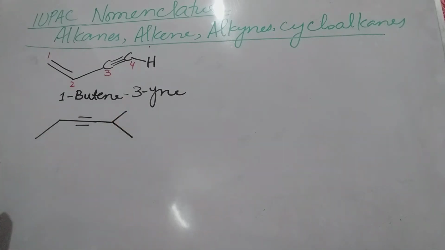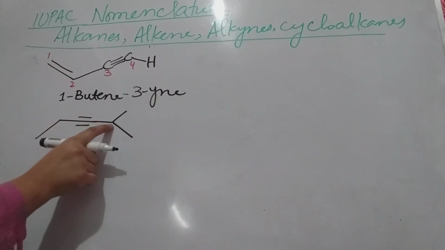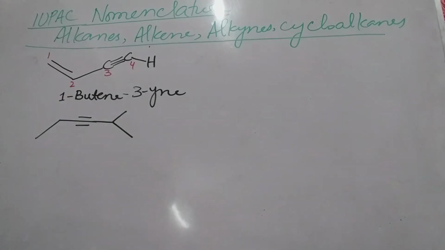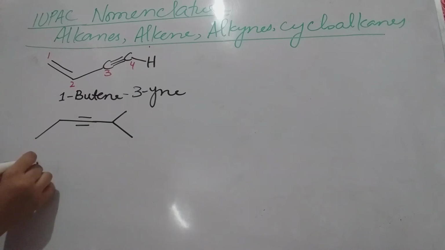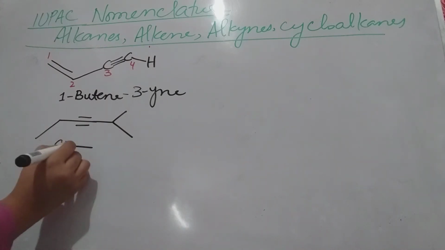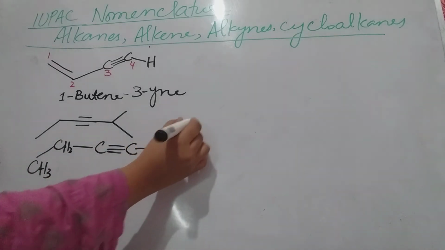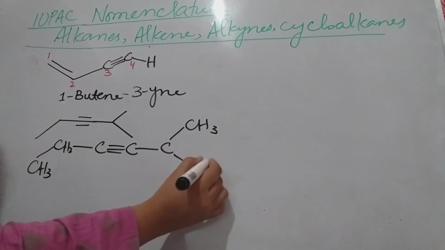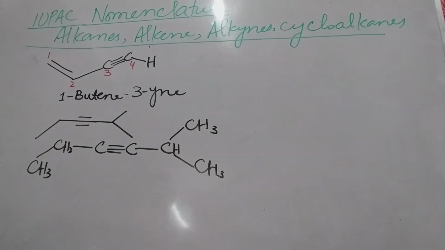Like this. Okay, this is the compound. So here 1 2 3 4 5 6, you have a total of 6 carbons. Let me draw it again and show you. This is CH3, this is CH2, C triply bonded C, CH3, CH3 and H. I hope this is clear to all of you now.